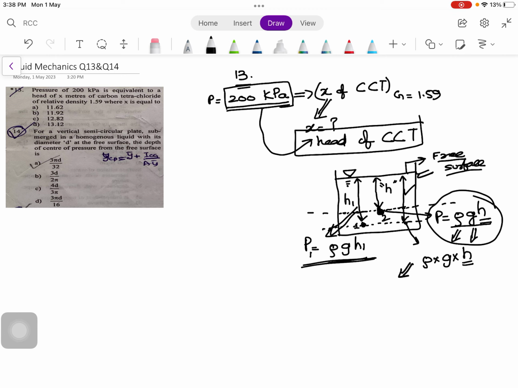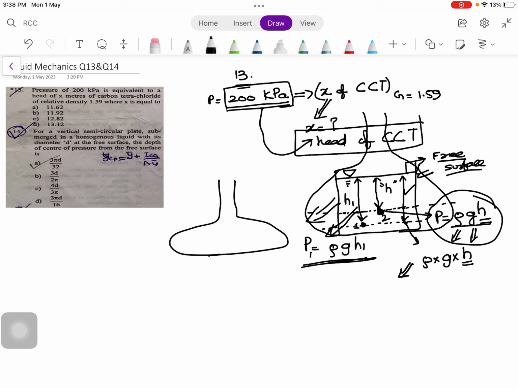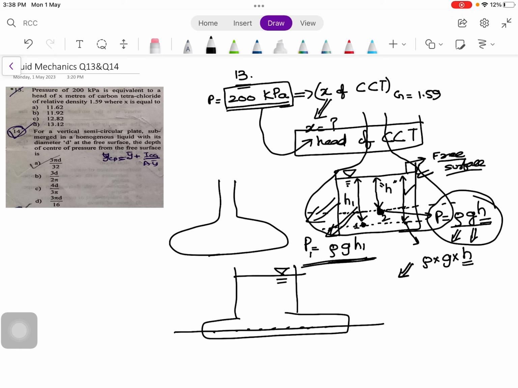And even if you distort the shape of this container, say the container is like this, the pressure at a given level is going to be same irrespective of the shape of the container, given that the liquid in the container is same throughout.